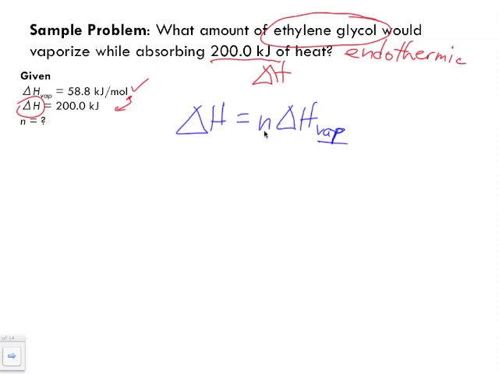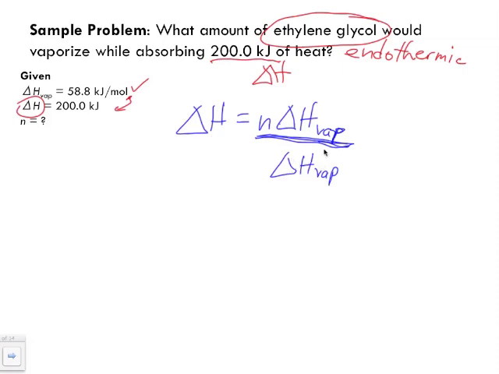Now, we want to isolate for N, so we want to get rid of this delta H of vaporization. The function between these two is multiplication, so to get rid of it, we're going to divide. I'm sorry for the basic little math lesson here, but to isolate for our N, we can do it at the end, but I like to move around the letters of the equation earlier.